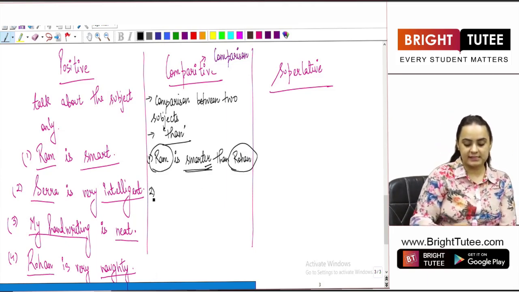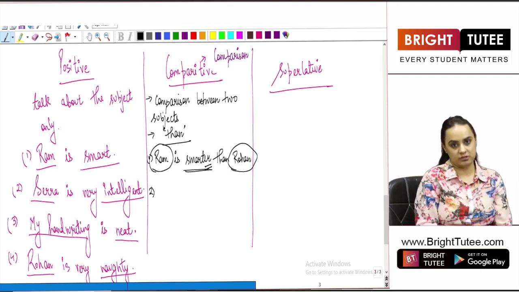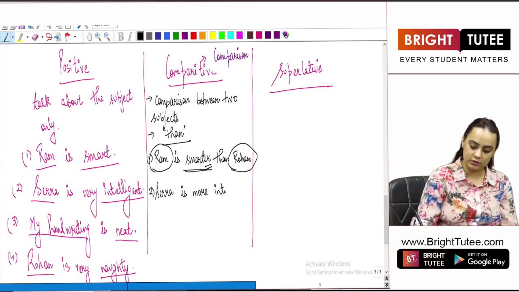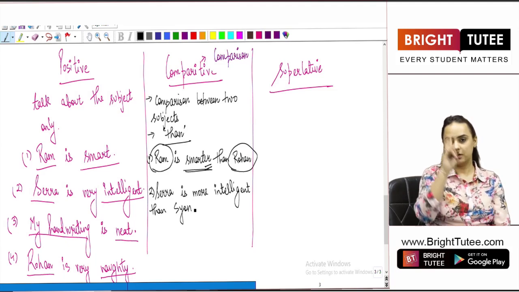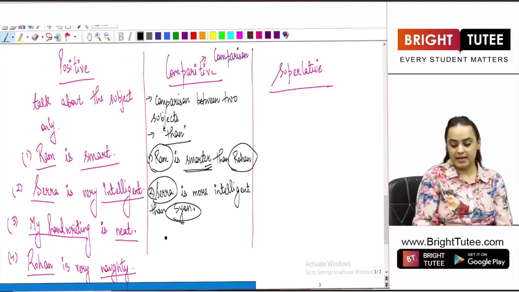Let me look at the second example now. "Sarah is very intelligent." If I change it to comparative: "Sarah is more intelligent than Seon." Two subjects I am talking about, Sarah and Seon.